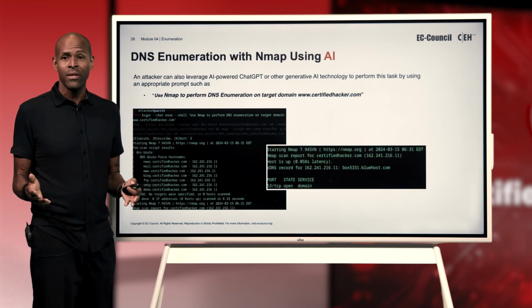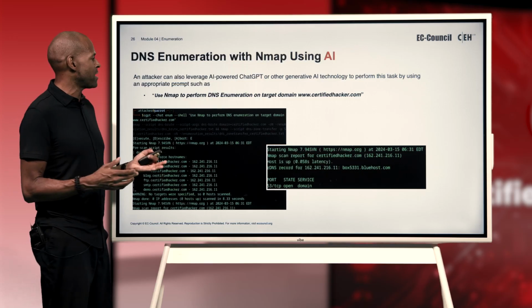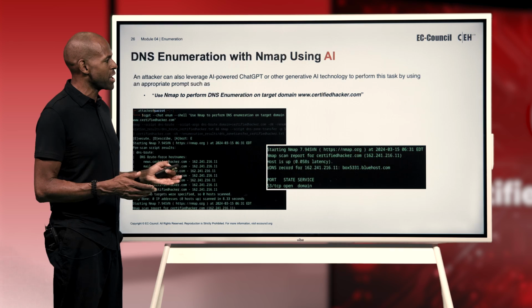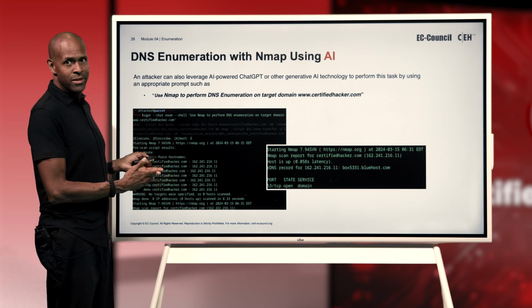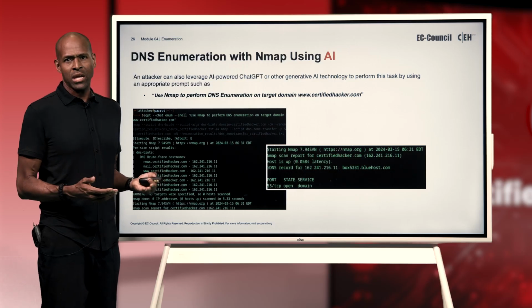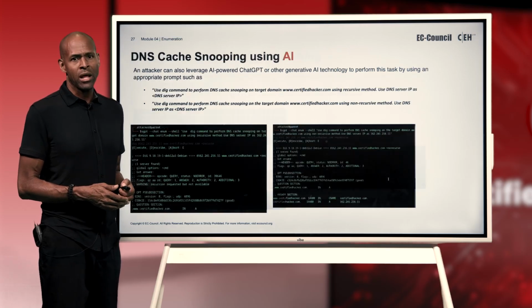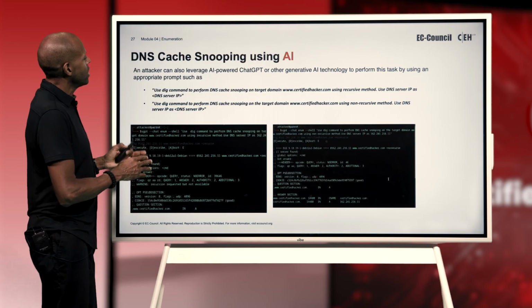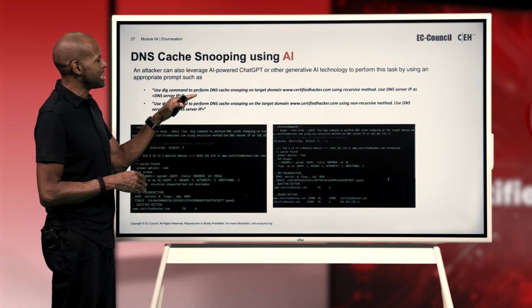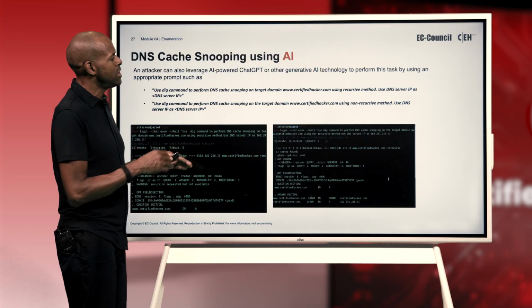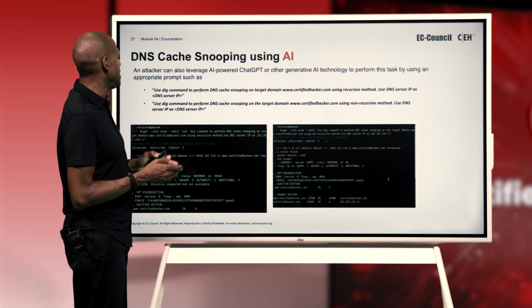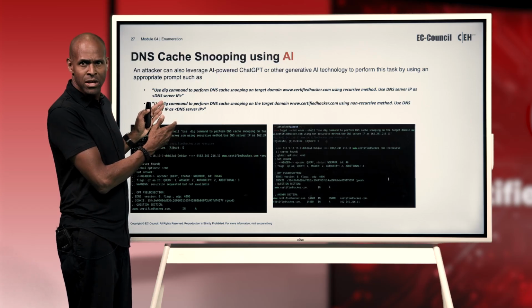And then we can take the tools that we talk about and integrate them with AI, use Nmap to perform DNS enumeration on the target domain. And bada boom, it runs Nmap and dumps out the information for us that we can use as we are enumerating the network. And also, we can do cache snooping. So use the dig command to perform DNS cache snooping on the target domain, certifiedhacker.com, using the recursive method. Use DNS server IP as, and then you give it the IP address of the DNS server.